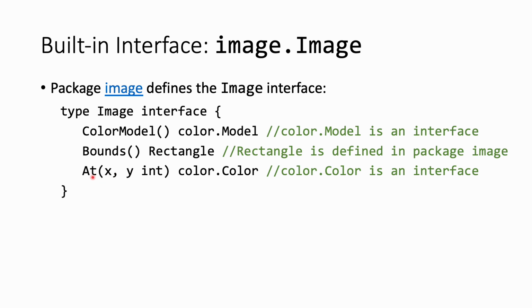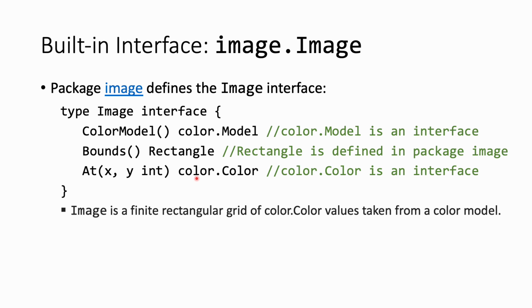Method At takes 2 int values as argument and returns a color, which is another interface type defined in the package color. An image is a finite rectangular grid of color values taken from a color model.